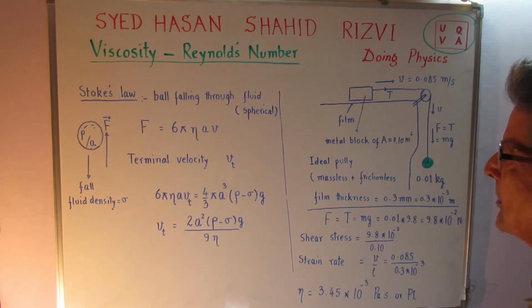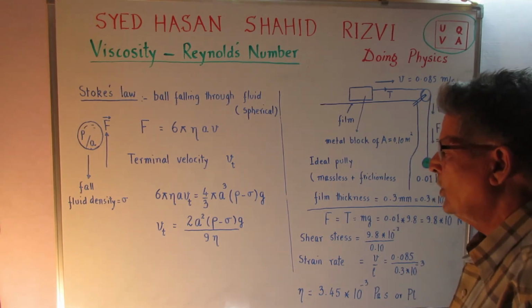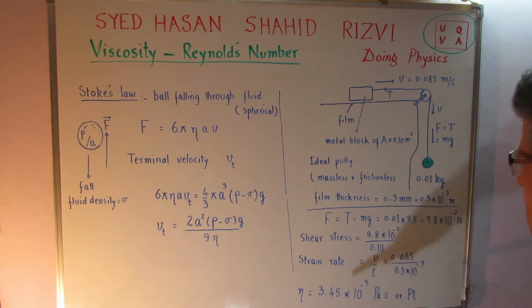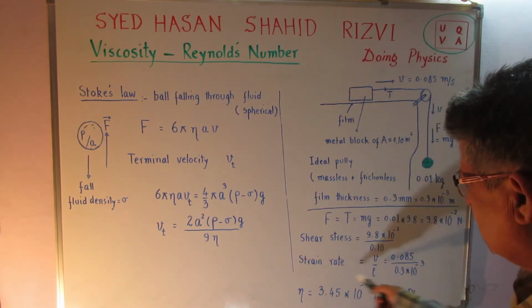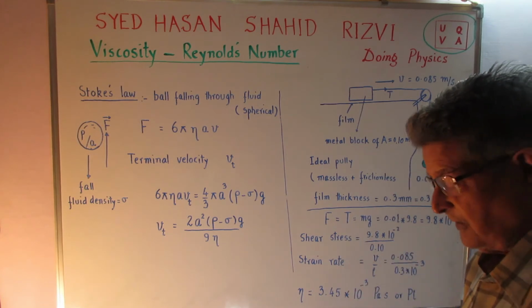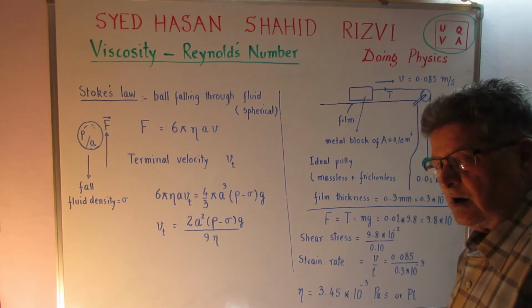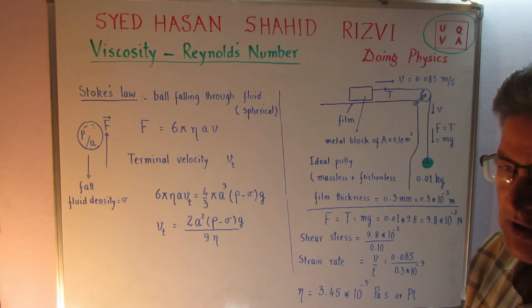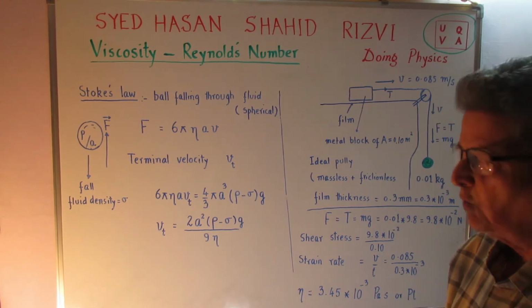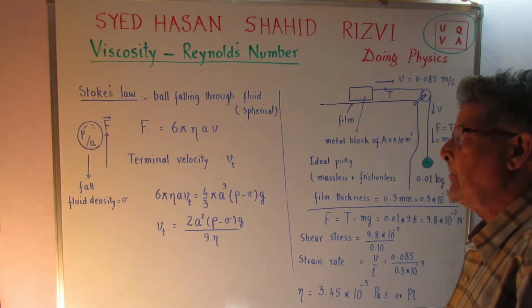So whatever the values change to, you can find out the value of eta. Of course, whenever you express the value of eta for that particular liquid, do express the temperature at which it has been experimentally determined.